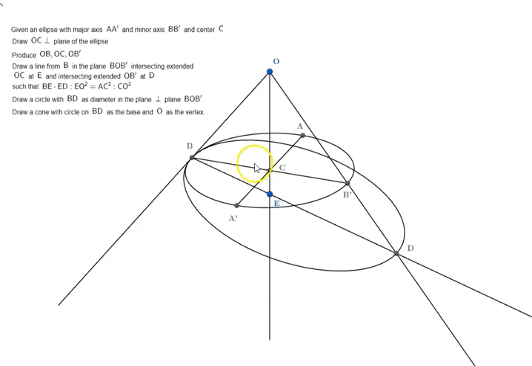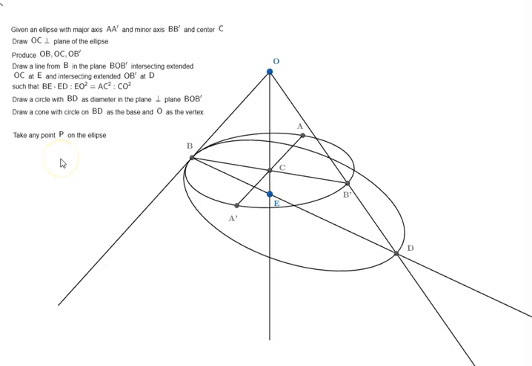Now we have to prove that if we take any point on this ellipse and we extend the line joining O and that point to the circle, it would be a straight line.